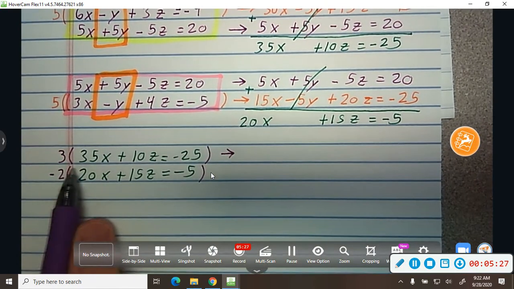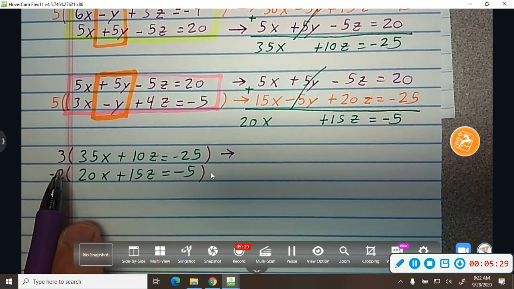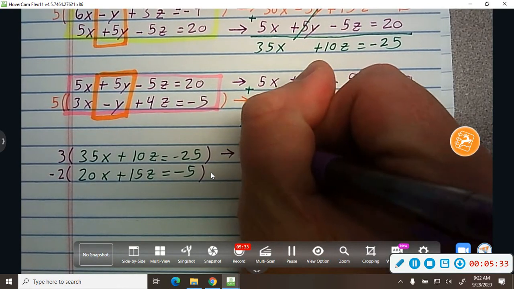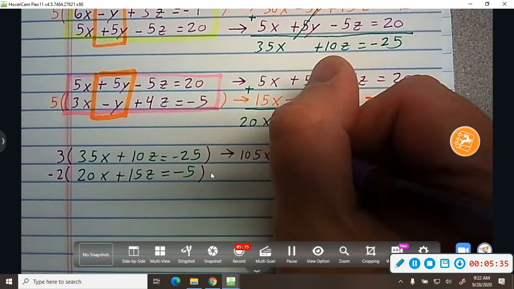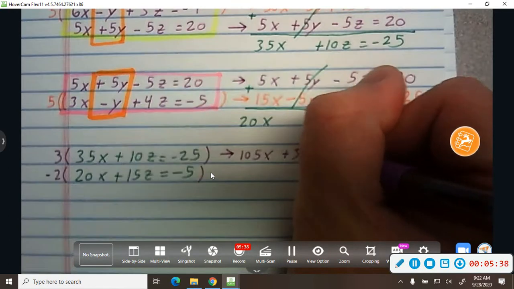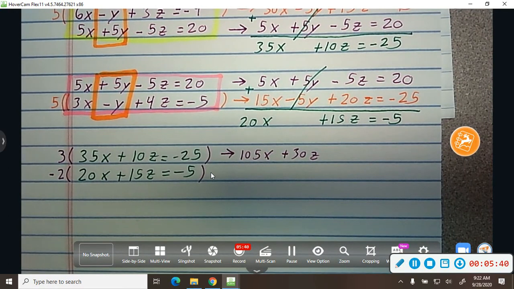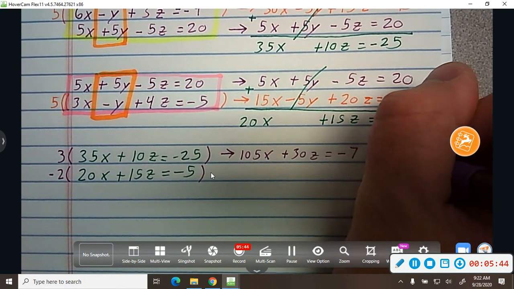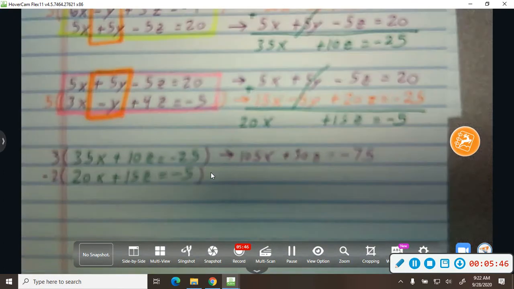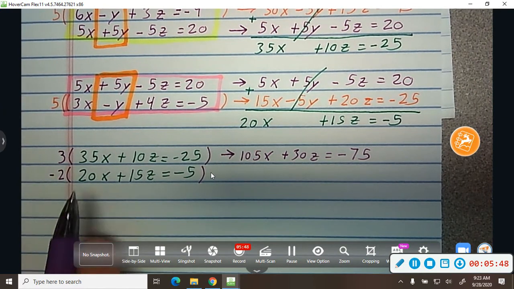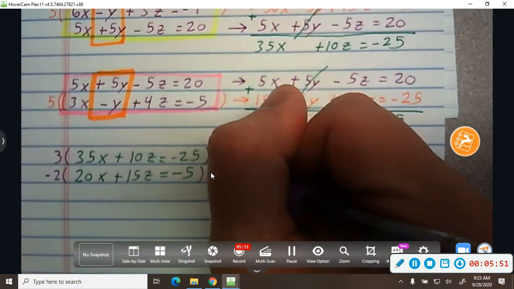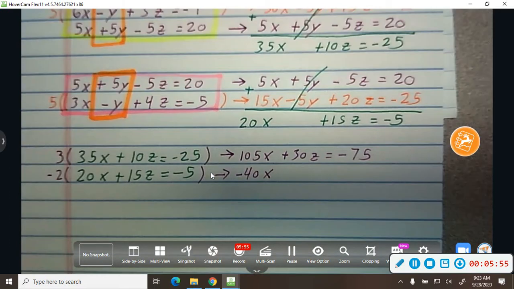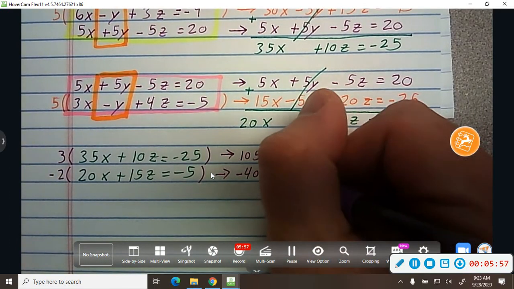Let's see, 35 times 3, 35, 70, 105. 3 times 10 is 30. And then 3 times negative 25 would be negative 75. Take negative 2 times 20x, that's negative 40x. Negative 2 times 15z would be negative 30z.